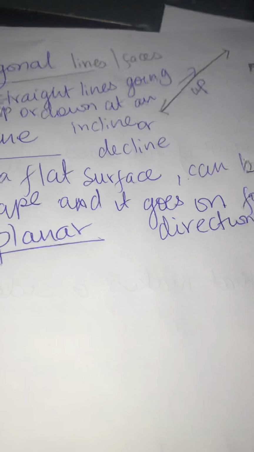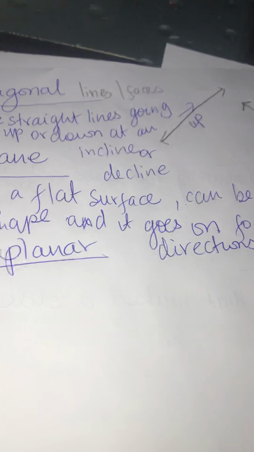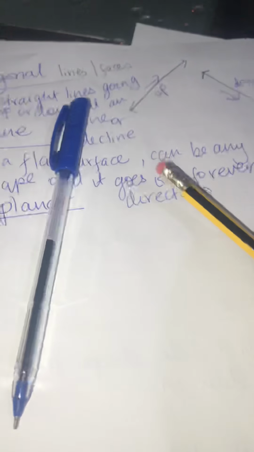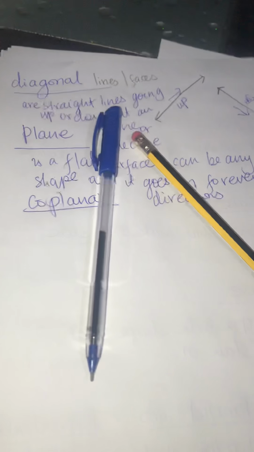Okay? Coplanar. Coplanar means you are on the same plane. So if I put my pencil and my pen on my paper, they are on the same plane, so they are coplanar. Okay?